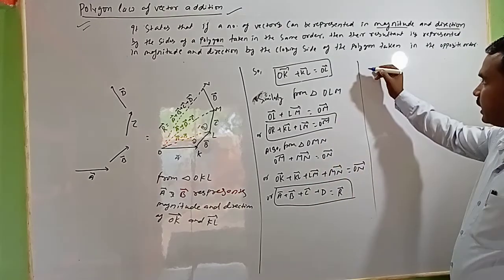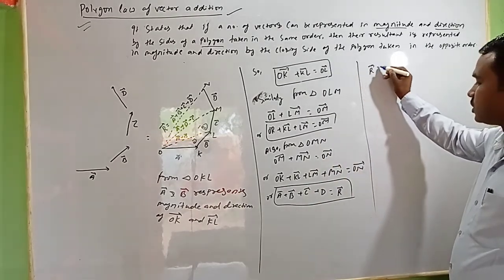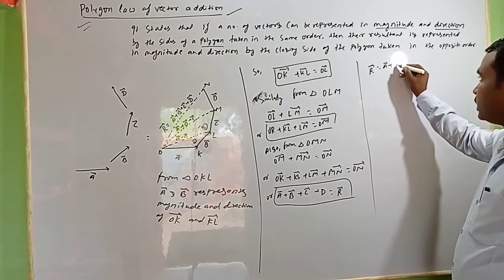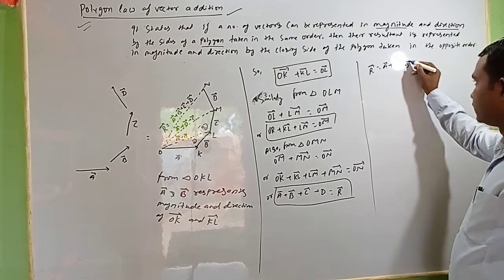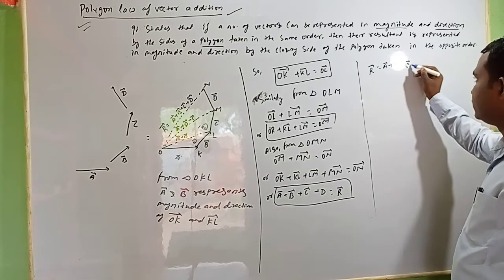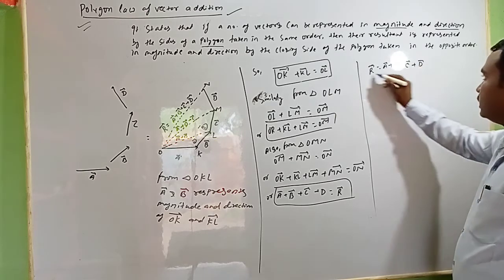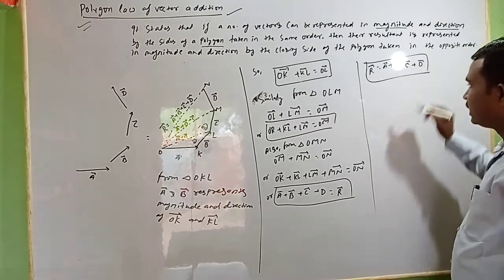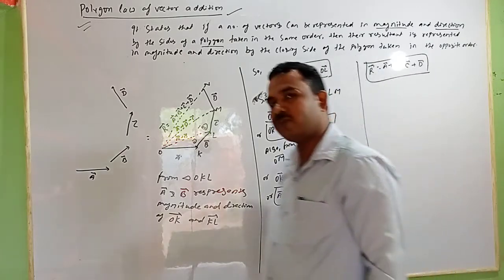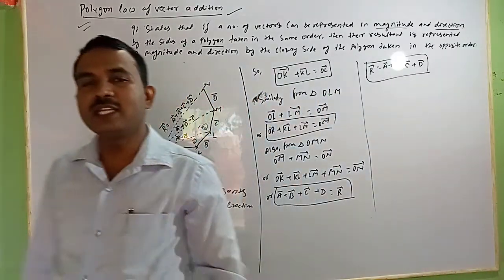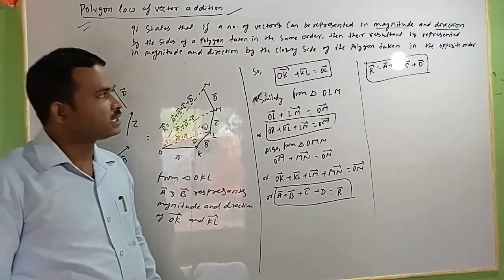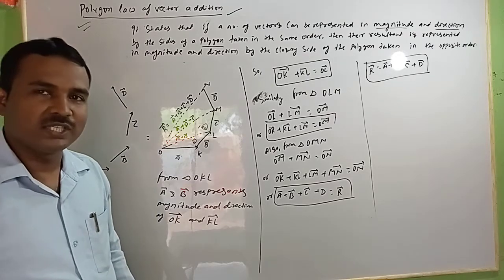And also you can write vector R is equal to vector A plus vector B plus vector C plus vector D. Okay, students, so we got the sum of all the vectors, and that is equal to the resultant or the closing side.